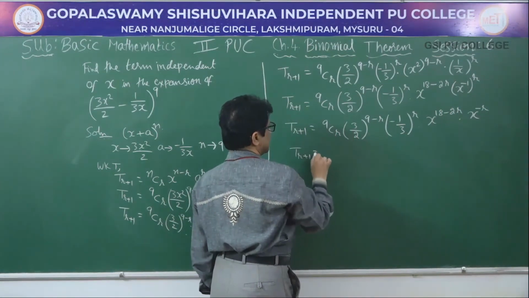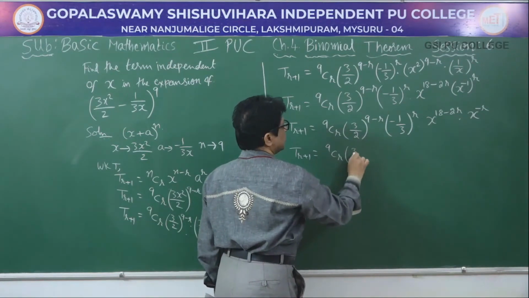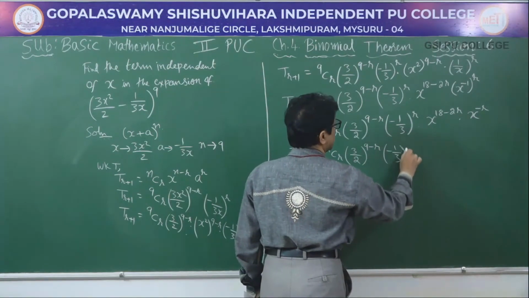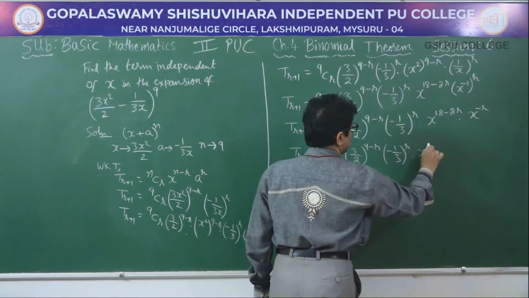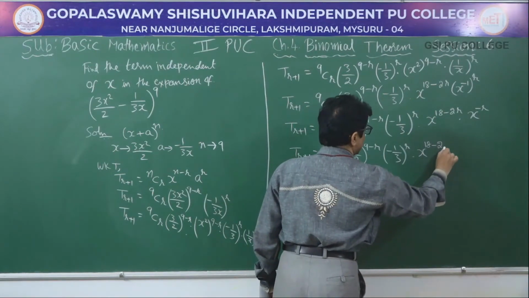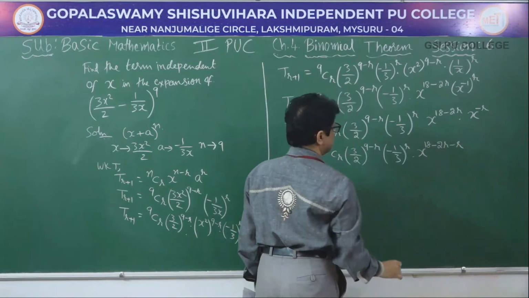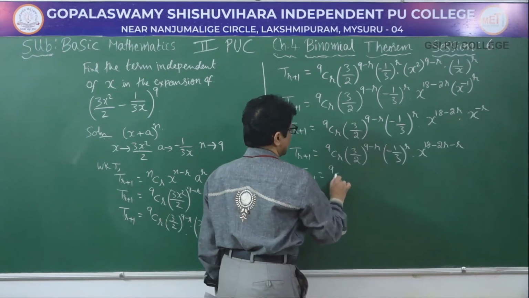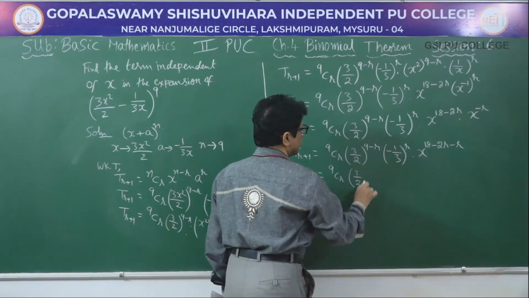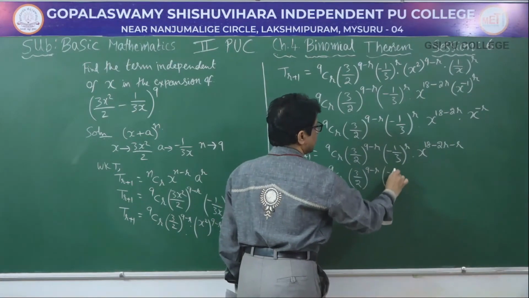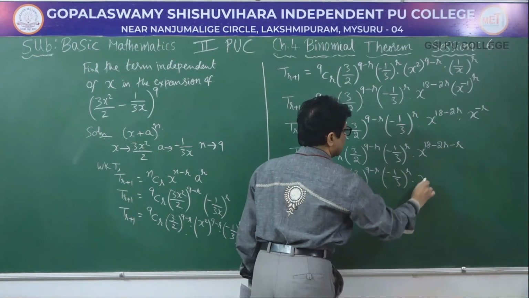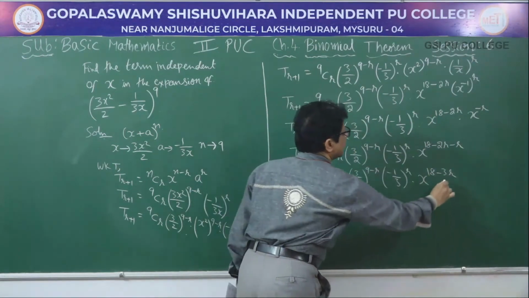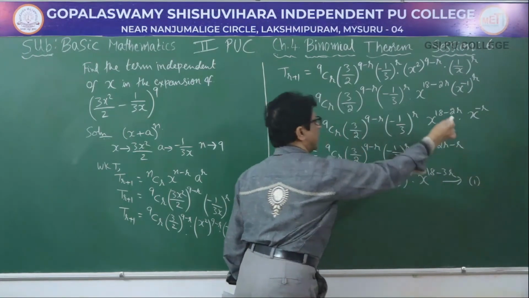So T(r+1) is equal to 9Cr into (3 by 2) whole power (9 minus r) into (minus 1 by 3) whole power r into x power (18 minus 2r minus r), that is x power (18 minus 3r). We call this equation 1.